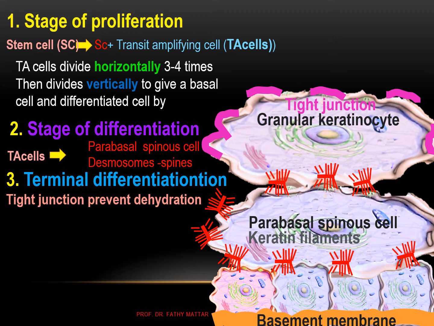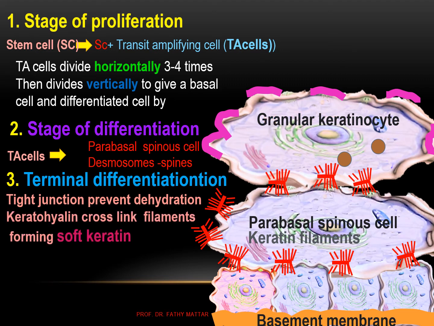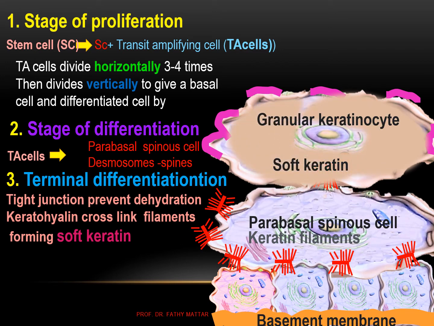The granular keratinocytes are called granular because they contain granules, darkly stained granules called keratohyalin granules. The keratohyalin granules are enzymes and special proteins that are capable of cross-linking the intermediate filaments and the desmosomes and the intermediate keratin filaments in order to form soft keratin.